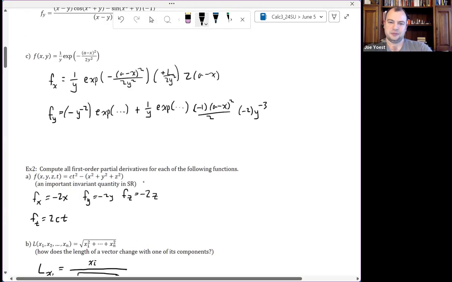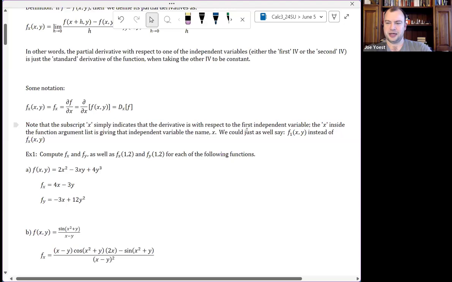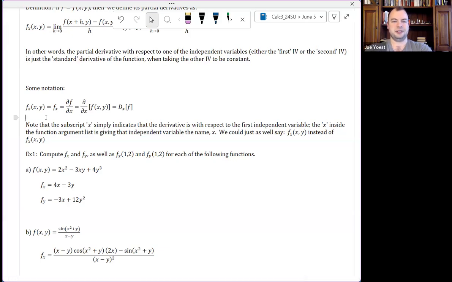Remember up here, and I mentioned this last time also, that we're kind of abusing the notation here a little bit. When I say something like f sub x of x, y, this x comma y for the inputs is kind of an arbitrary input, but this subscript x is actually just indicating I'm taking the partial derivative with respect to the first variable in the list.